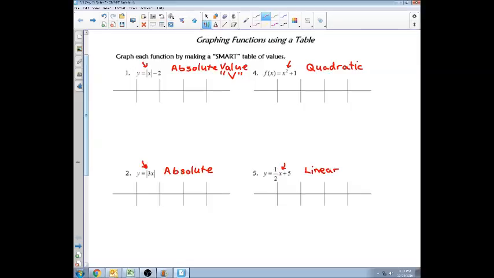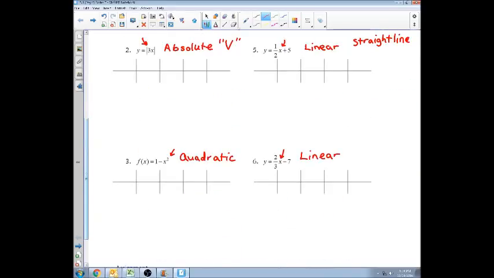If I have a quadratic graph, it's going to look kind of like a U. Number 2, absolute value, should be a V. Linear is going to be a straight line. Down here we have another quadratic, so that should be a U. And the last one, linear, should be another straight line. Okay?